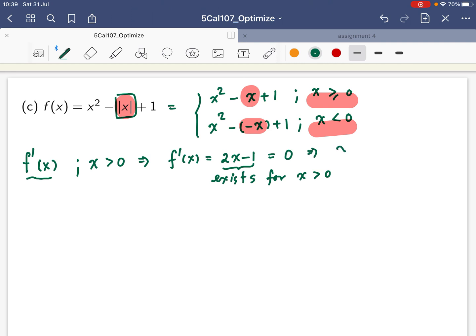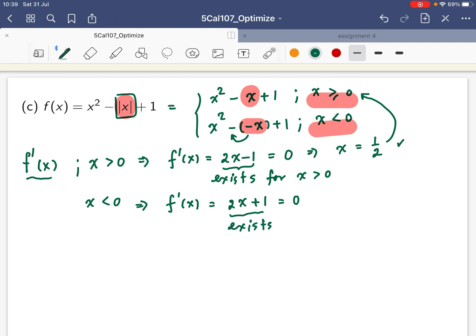So it means that your x can be 1/2, and 1/2 is positive, so this one can be one of your critical values. If your x is negative, then your f prime, you're choosing this one, right? This is a plus, so you have 2x plus 1, and then make it equal to 0 again, because this one exists for each and every x that is negative. So it means that your x is negative 1/2, and negative 1/2 is really a negative number, so this one can be another critical value.